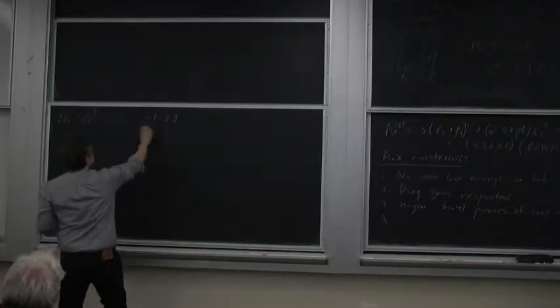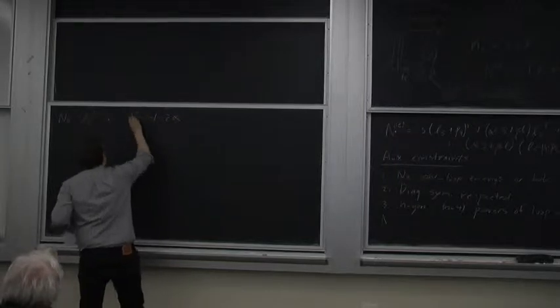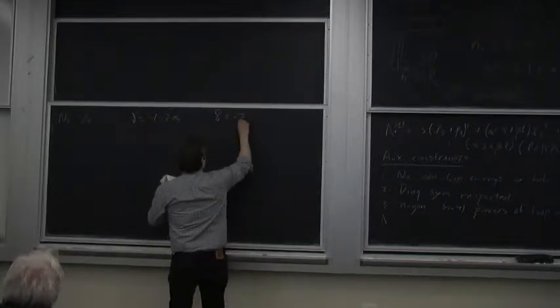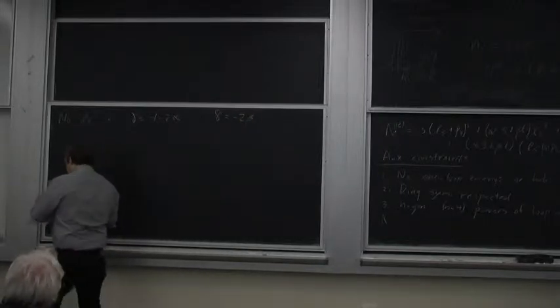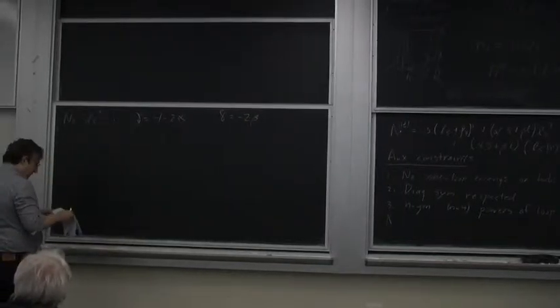And then delta is equal to minus 2 beta. So then I solve for that, and that's, of course, very simple.